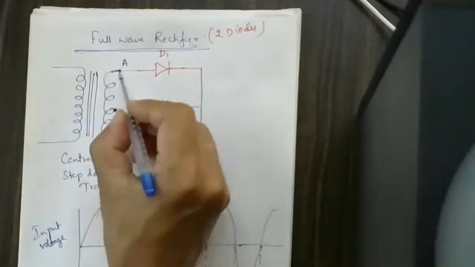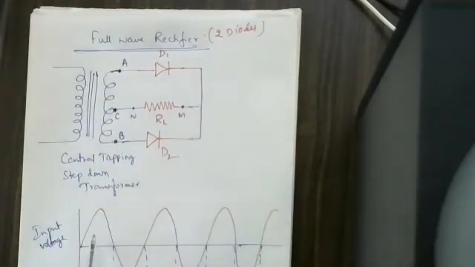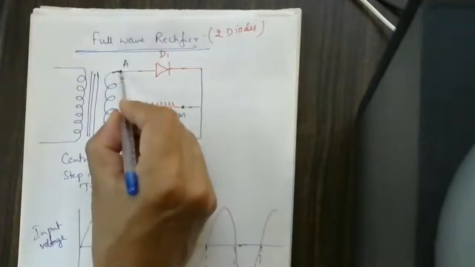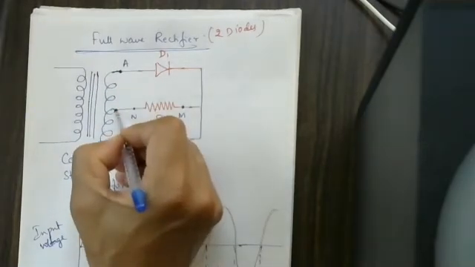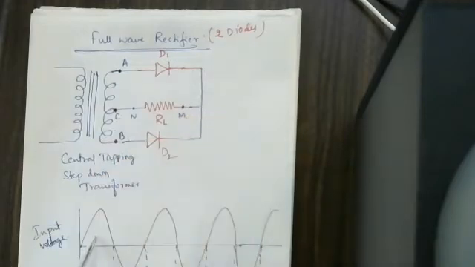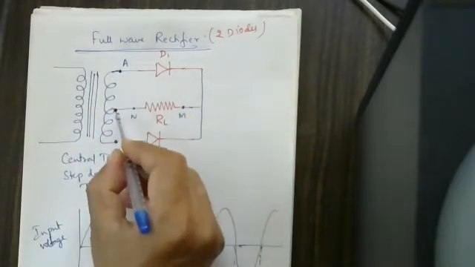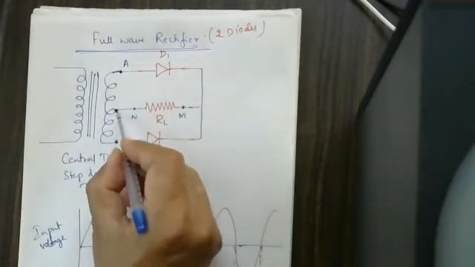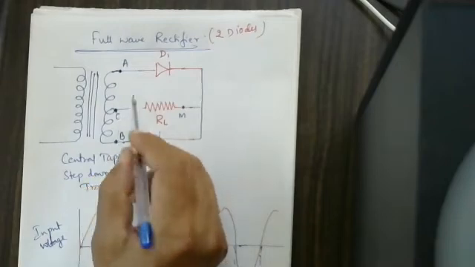Here also, during this positive half cycle, A is positive, C is negative. Whereas during the positive half cycle only, compared to these two here, C is positive, B is negative.